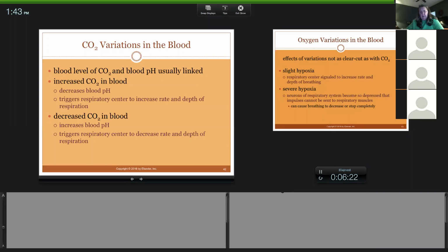When you don't breathe very deep, CO2 levels microscopically are going up. And then to get rid of that CO2, your body triggers a sigh breath.